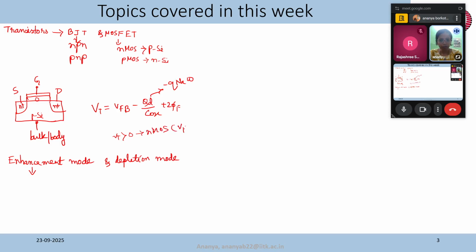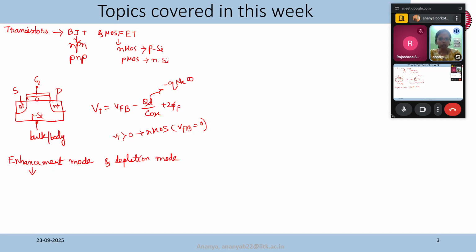If my flat band voltage is 0, or the value is such that we get a threshold voltage greater than 0, or it can be less than 0 also if we have a large negative flat band voltage.